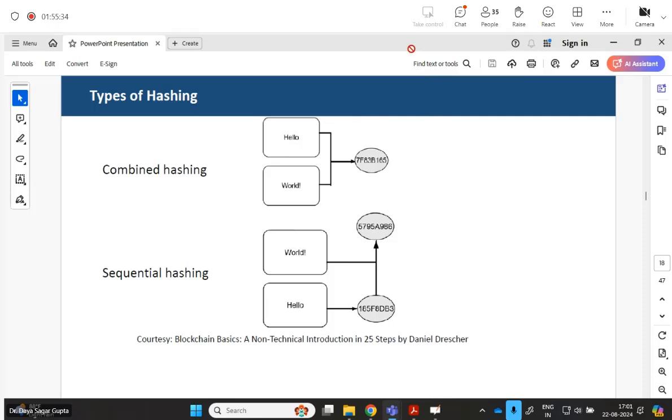Any more questions? Sir, suppose I am one user and you are another user, and we are sending the same message, hello world. Why are we going to send this hash function? Actually, this is not encryption; we are just having this hash function.